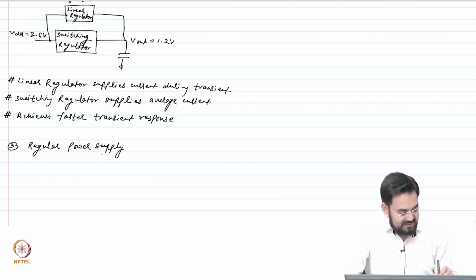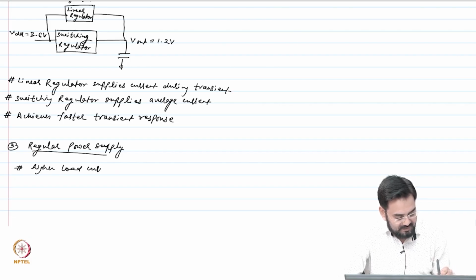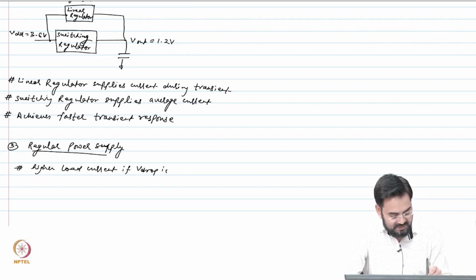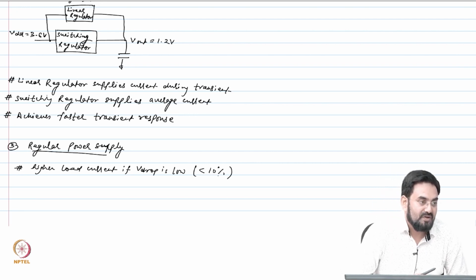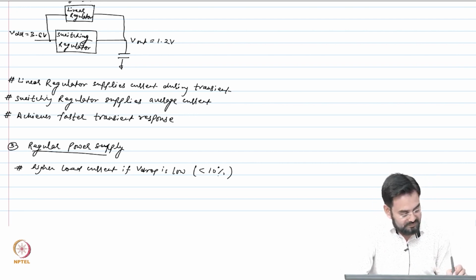So, when I say regular power supply, higher load current if V drop is low, usually less than 10% of the output. Okay.